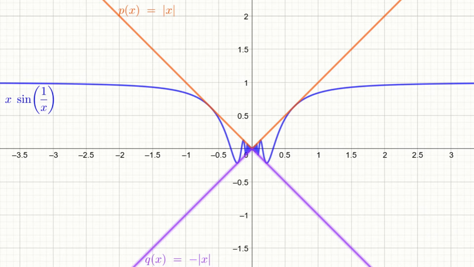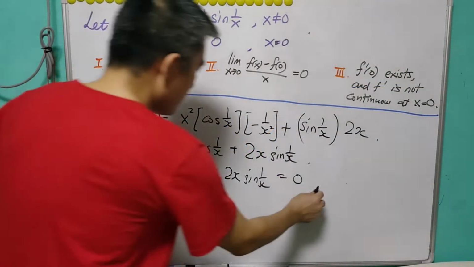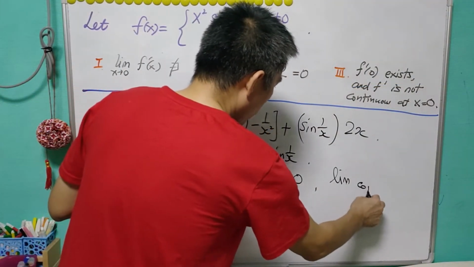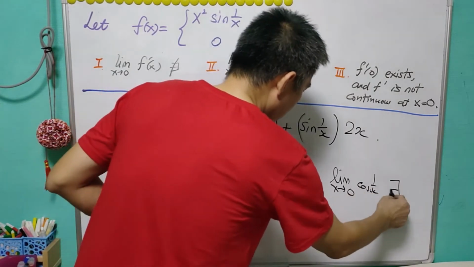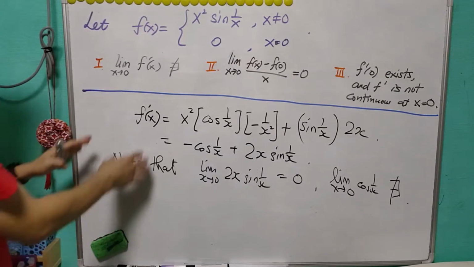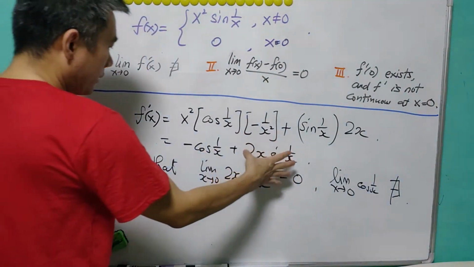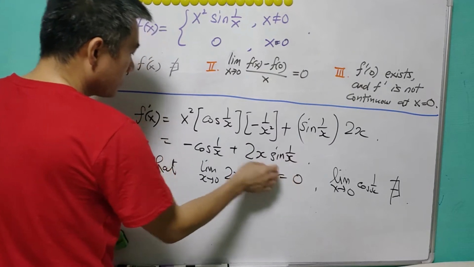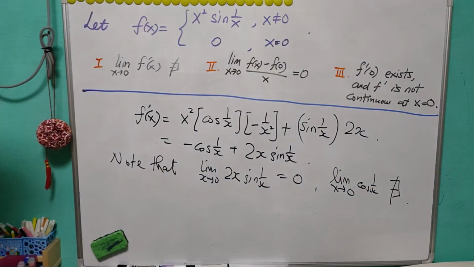Using the squeeze theorem, we know that this is going to 0. However, for cosine 1 over x, when x goes to 0, the limit does not exist. So f' is the sum of these two functions where the limit of one goes to 0 and the other one does not exist. What happens to the overall limit?